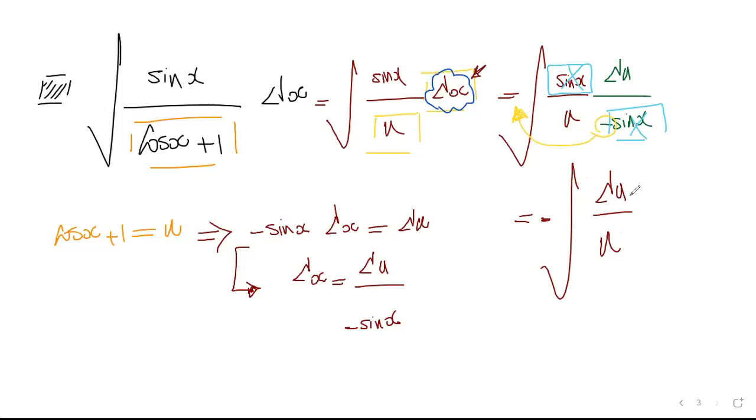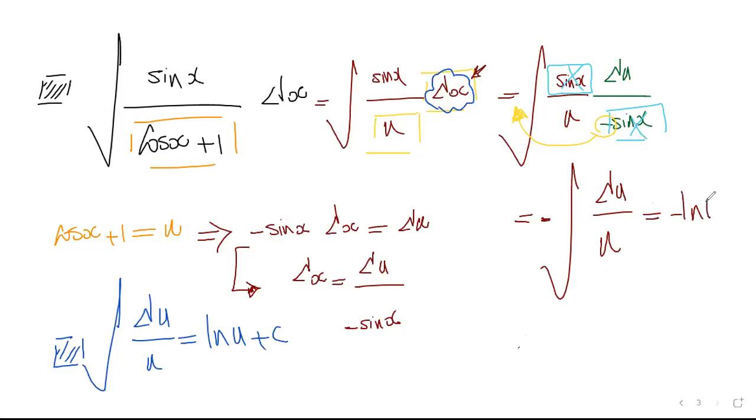Again, you go back to the Bible that you have. You see this very popular integral. I call this the celebrity of integration because it is so popular, which is always ln u plus c. So this result becomes minus ln u plus c.